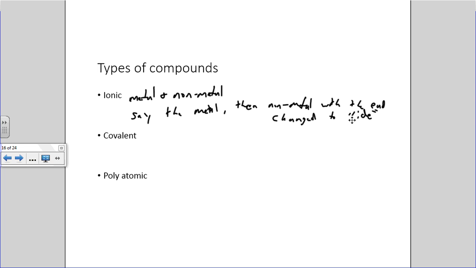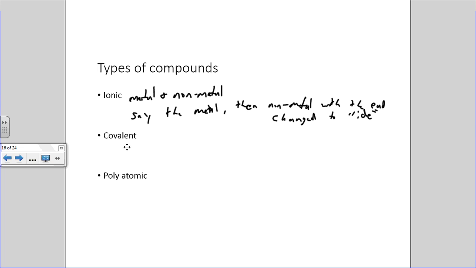So it's going to be whatever "-ide". Okay, so like oxide or sulfide or chloride, fluoride. Okay, so it's going to change the end of the thing to "-ide".